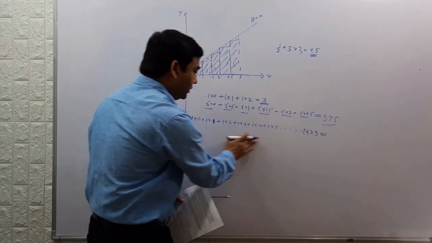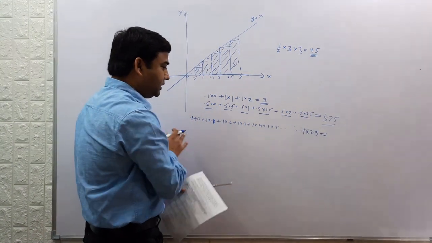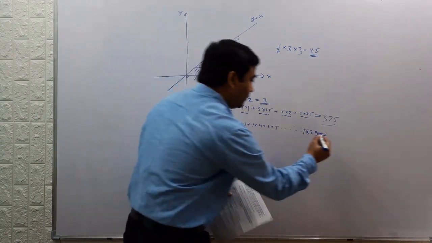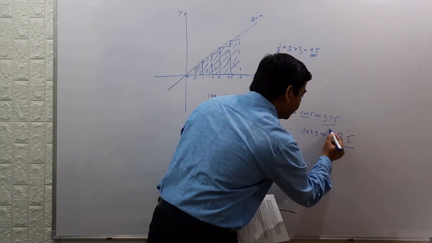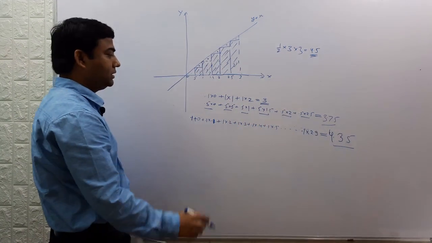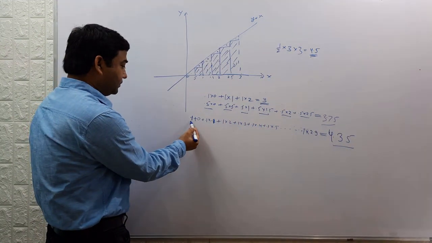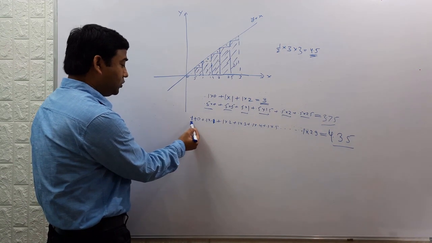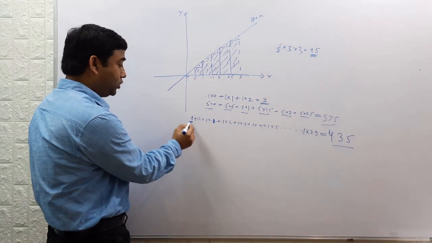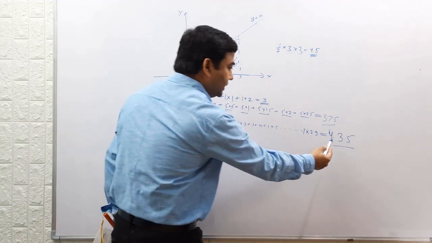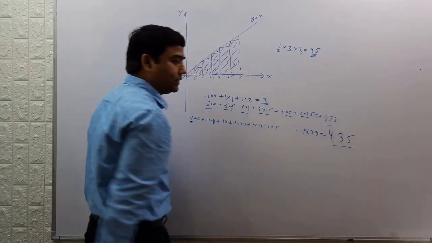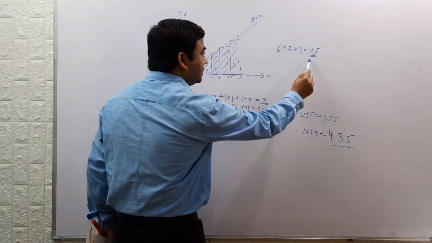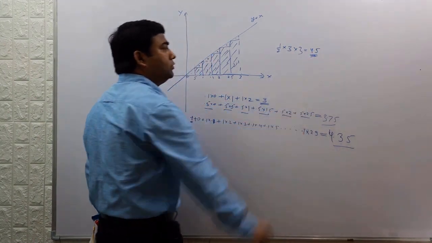The sum of the areas of all these thin rectangles is 4.35. You see, when you made the base width of every rectangle 0.1, you got a total area of 4.35. Still not exactly equal to 4.5.